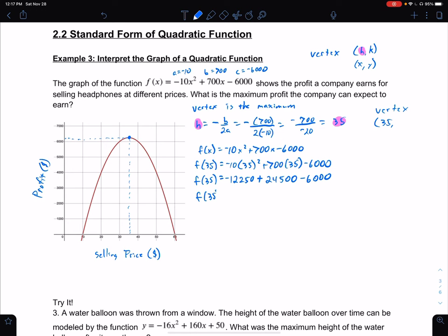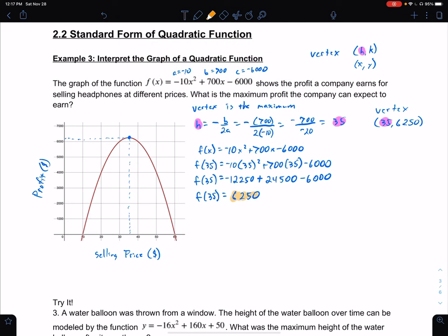So f of 35 is equal to $6,250. So that's my y value, 6,250.